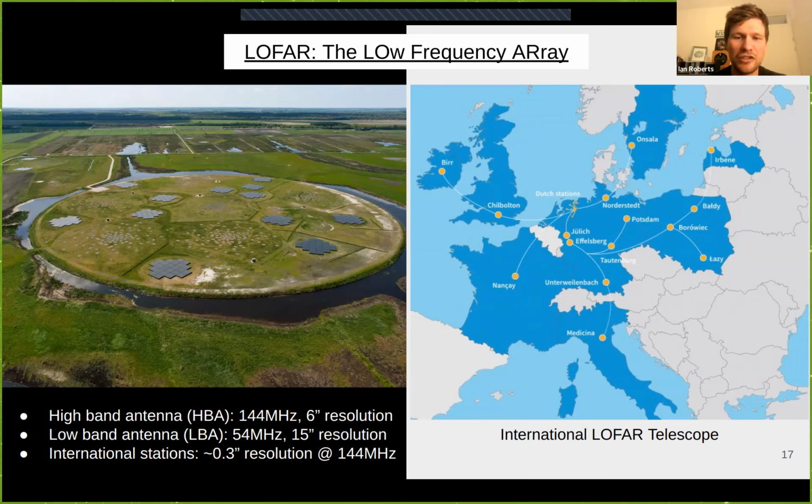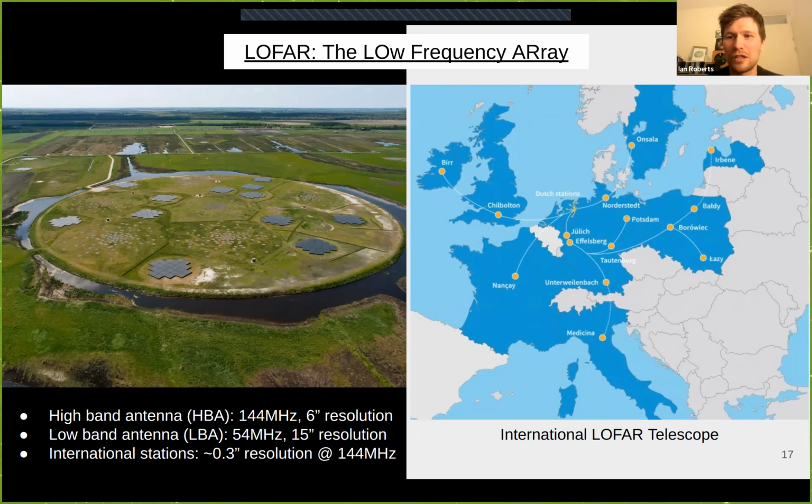If you just use the Dutch stations within the Netherlands, with the high band antenna, or the HBA, at 150 megahertz, you can achieve about 6 arcsecond resolution, which is really unprecedented for these frequencies. With the LBA, the lower frequency band, with the Dutch stations, you can get to about 15 arcsecond resolution. With the HBA, if you fold in the international stations, this is very non-trivial to do.